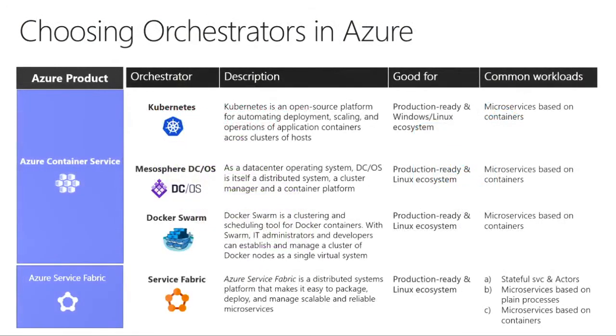So orchestrators, there are a few. In Azure, we have all of those. We have Azure Service Fabric, which is very mature, using Windows, less mature on Linux. And then we have Azure Container Service, which has 3 open source orchestrators: Kubernetes, Mesosphere DCOS, and Docker Swarm.